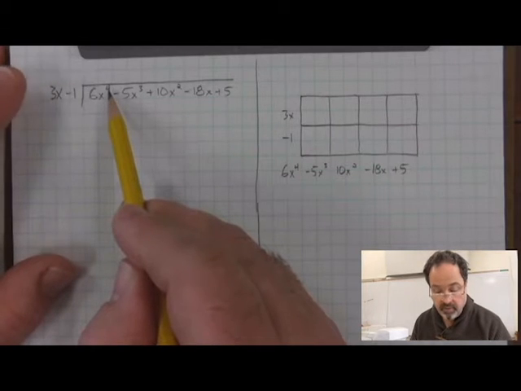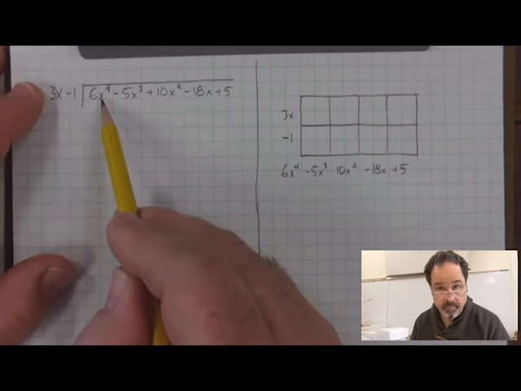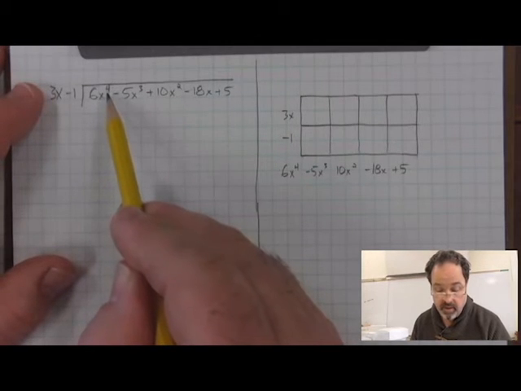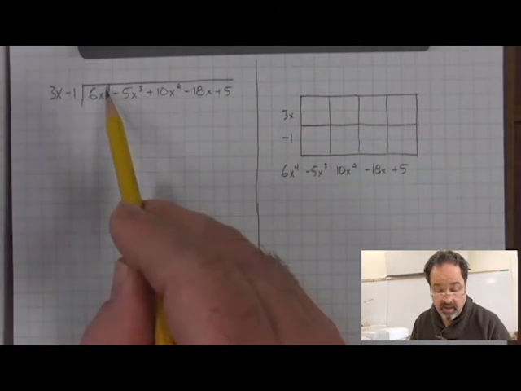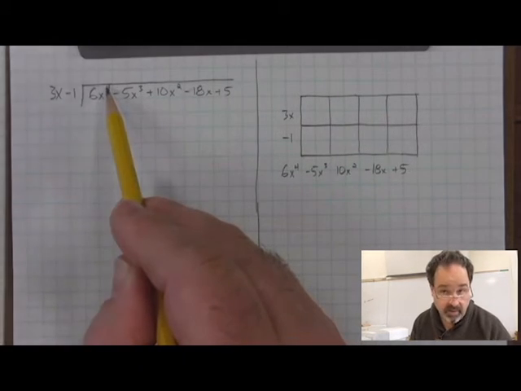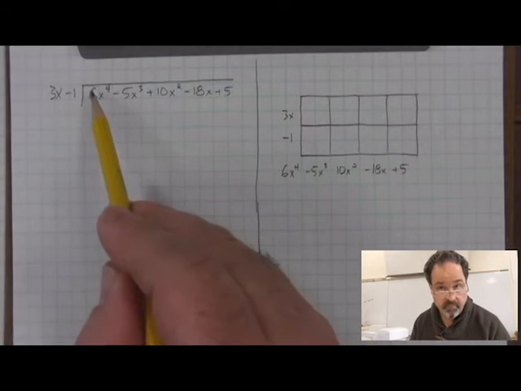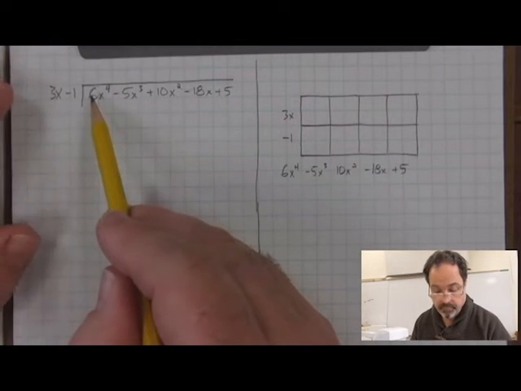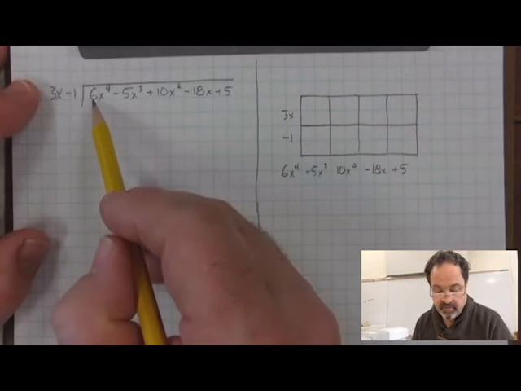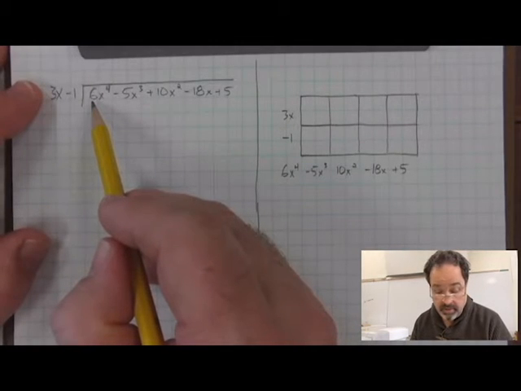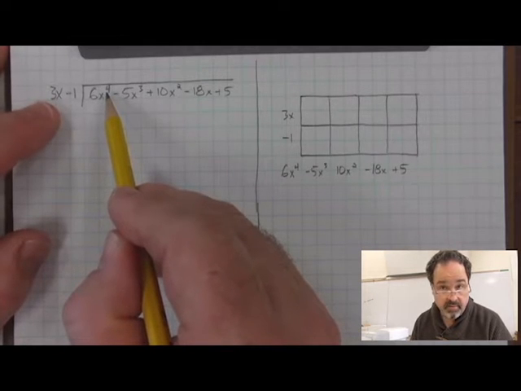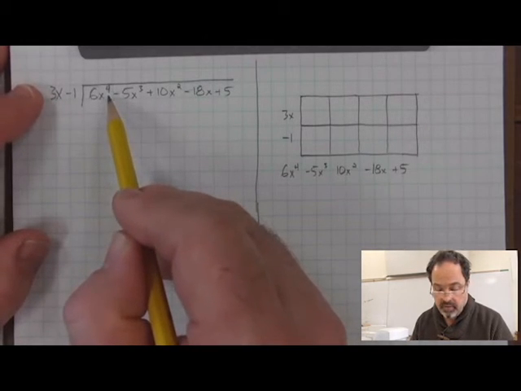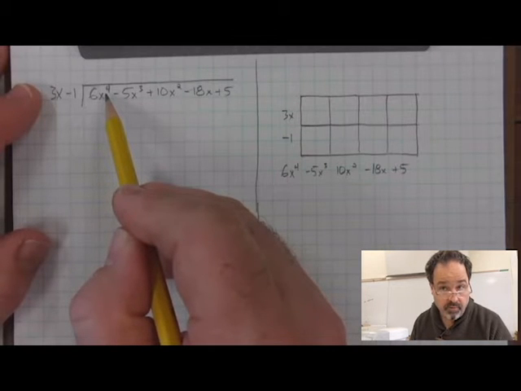If I was able to think of what multiplies the 3x to get this term, then I would find the thing that starts with 6x to the fourth is produced after dividing it by 3x. So I'm thinking in reverse. To get to 6, I need to multiply the 3 by 2. And to get to the x to the fourth, I need to multiply x by x to the third. So that's 2x to the third.